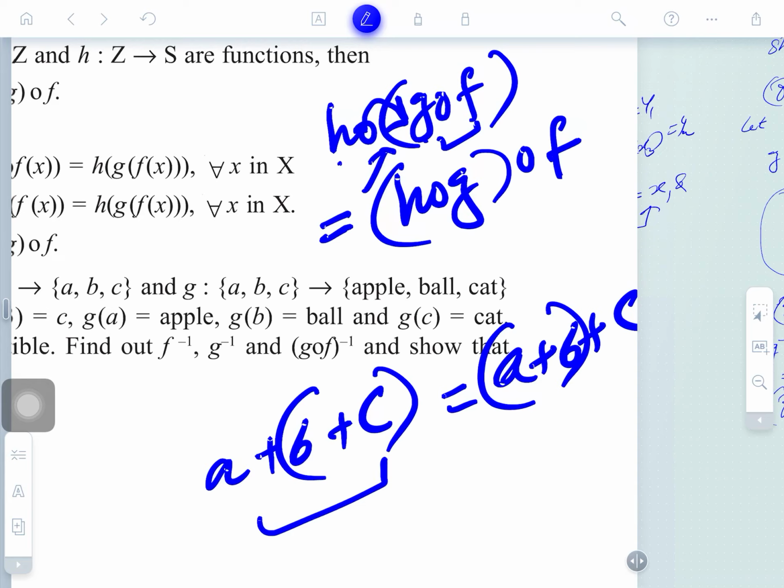Equivalence relation, clear? A relation is said to be equivalence when it is reflexive, and second is symmetric, and third is transitive. It has to be written.